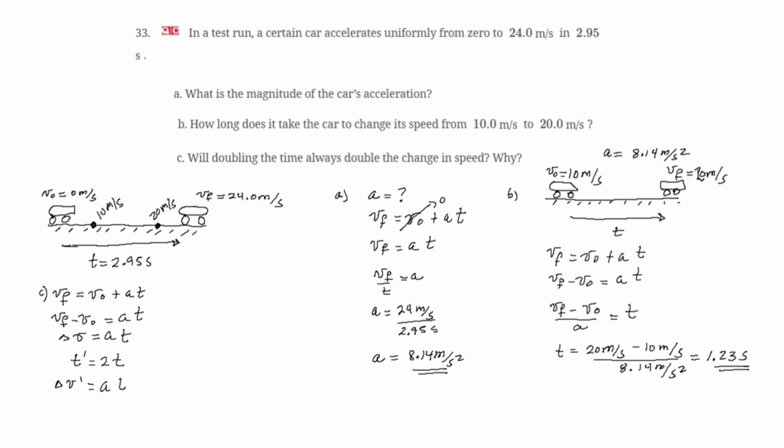Now, what is t prime? It is 2t. So delta v prime is equal to a times 2t. So delta v prime, if you rearrange this, is going to be 2at. At, we know, is delta v, so now we have that delta v prime is 2 times delta v.